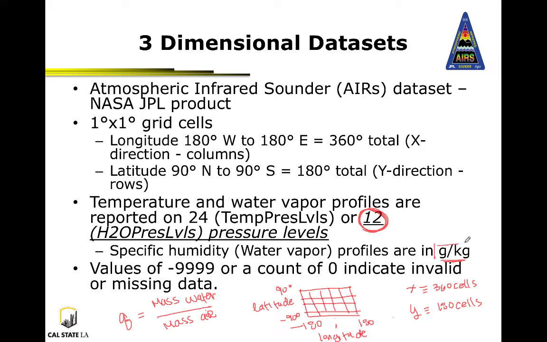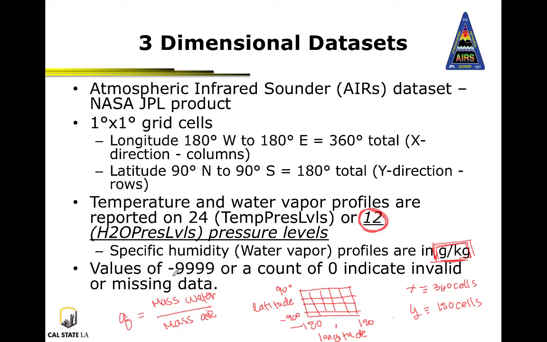This could potentially lead to a problem when you're doing your calculations, because you have to make sure that your units do cancel. So we are going to have to convert this to kilogram per kilogram, just as an FYI. Now, if there is a value of negative 9999 or a count of 0, it indicates that there is an invalid or missing data set.